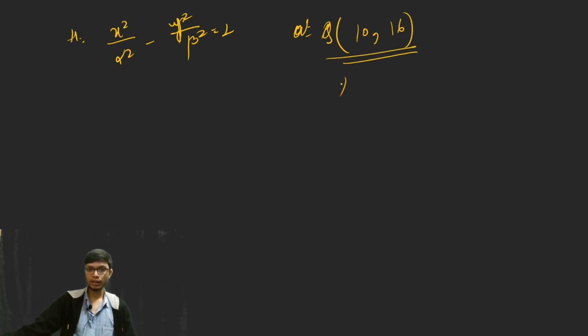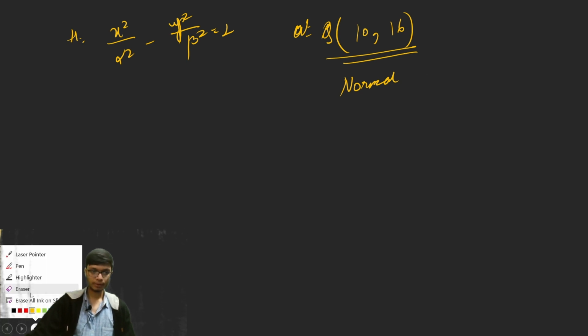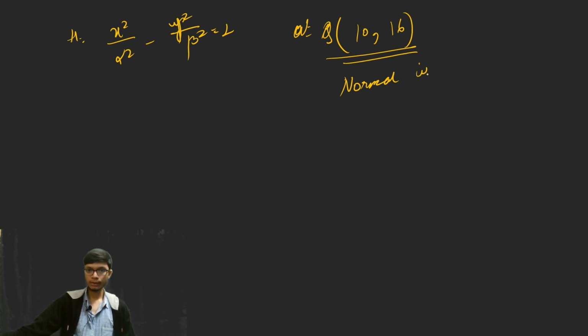So at point Q, if the normal is drawn, then we know the equation of a normal for the hyperbola.